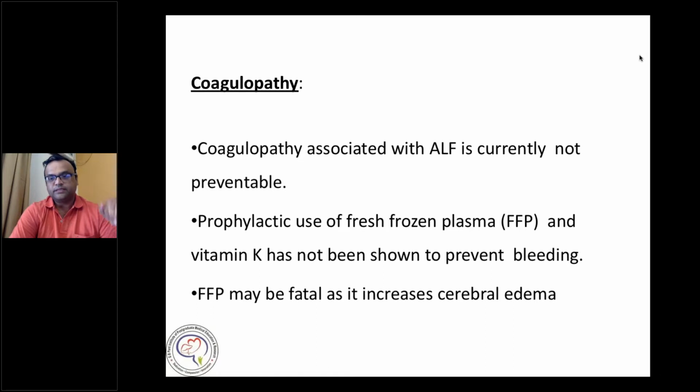Because it increases the cerebral edema ultimately. And if cerebral edema is increased, it might lead to coning and ultimately death, from compression of the medulla. The medulla is the one center which controls almost all the major parameters like respiration and cardiac factors, and it might lead to almost sudden death of the patient.